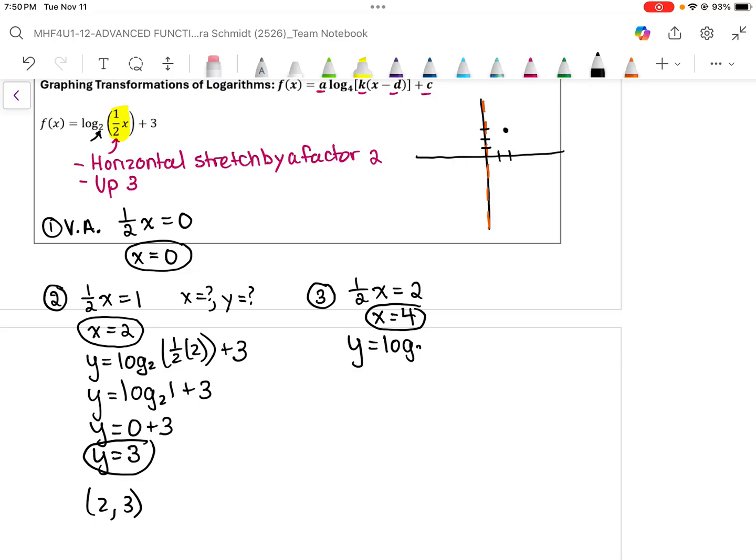So log base 2, 1/2 times 4 plus 3. And I'm going to solve it. Log base 2, 1/2 times 4 is just 2 plus 3. Log base 2 of 2 is just 1. And then 1 plus 3 is 4. So I'm going to have a point at 4, 4.